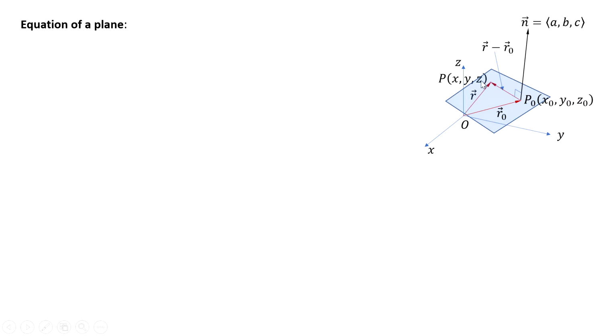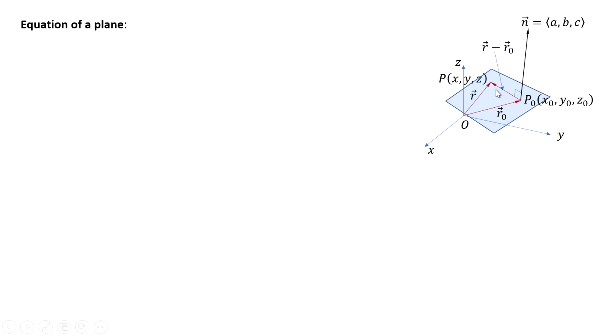If this is R, would you agree this is R minus R sub 0? Even if you don't, maybe what you're more familiar with is, would you say R sub 0 plus some vector is equal to R, this vector? So if R sub 0, let's call it A, R sub 0 plus A equals R, then by simple algebra, A must be R minus R sub 0, right? That's all I'm trying to say. So this vector is R minus R sub 0.